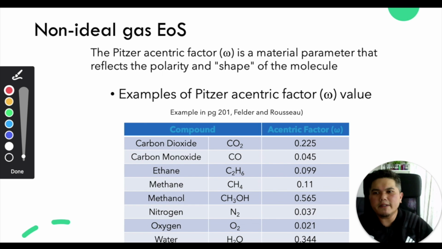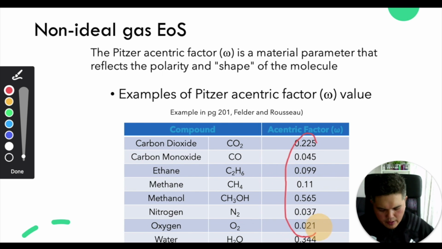So you can refer to the textbook, for example Felder and Rousseau, Elementary Principles of Chemical Processes. And then you'll be able to see that different kinds of molecules will have different acentric factors. So you just pick that number and substitute into the equation, and then you'll be able to use the virial equation of state.